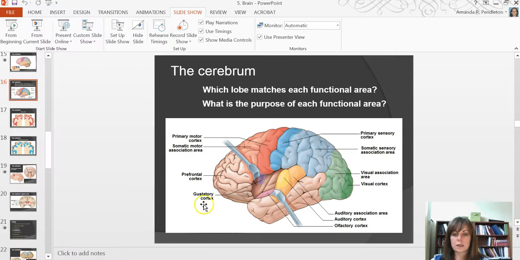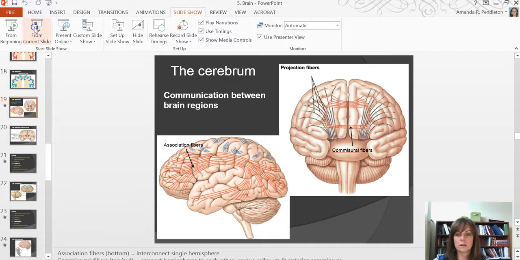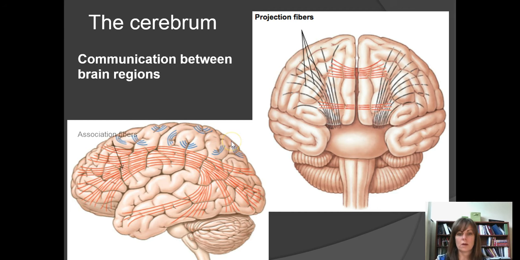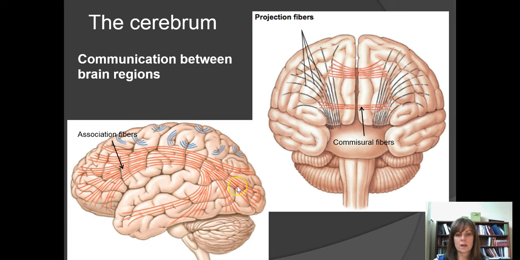So if we look at these fibers, we'll find them right here. You're going to notice that there are 3 types of fibers. One is association fibers. Association fibers, we can see them in red. We can also see them here in light blue.